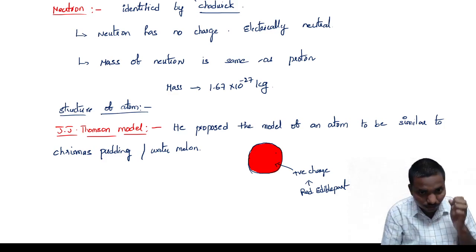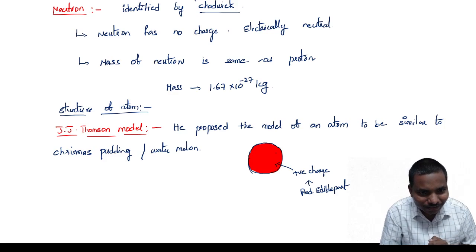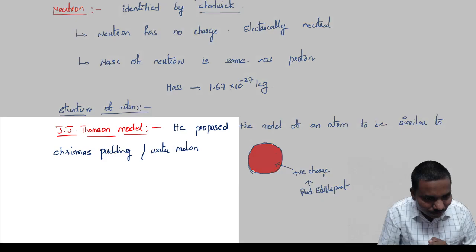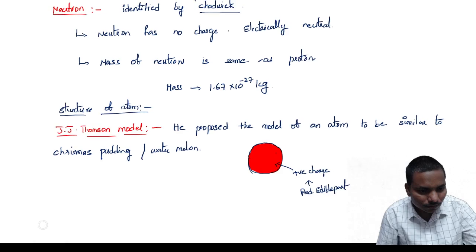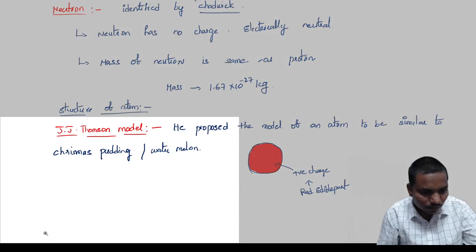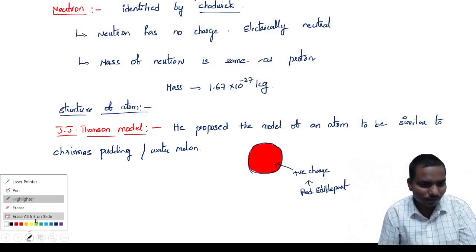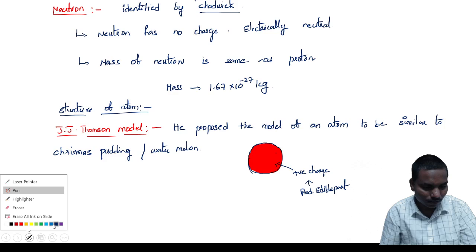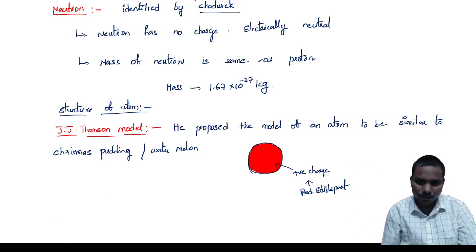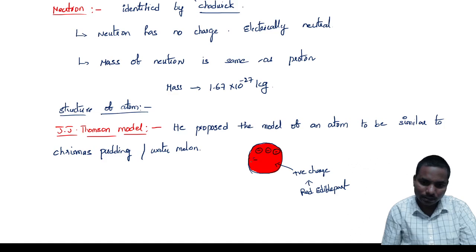So here electrons are spread like seeds of watermelon.